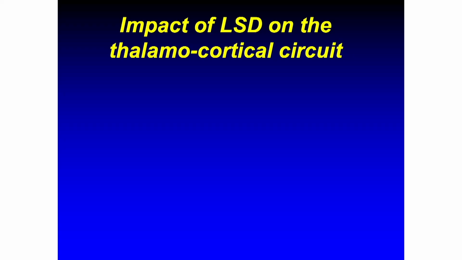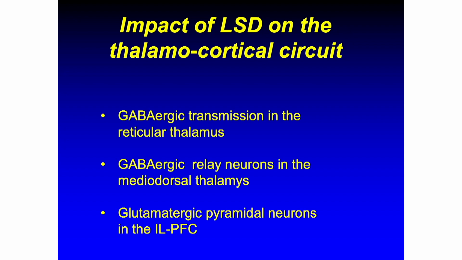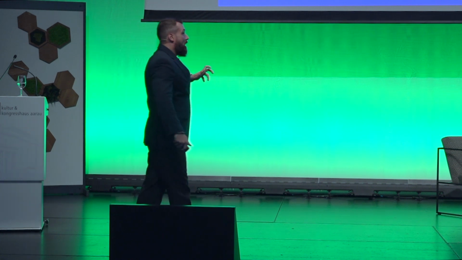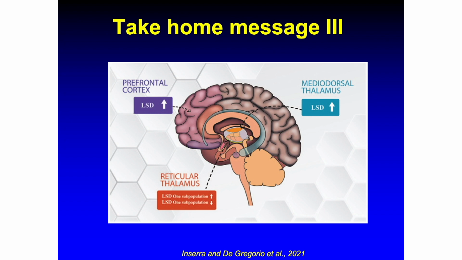And I don't want to go too much into the details, but we published a paper a few years ago in which we wanted to investigate how those higher doses of LSD are selectively able to impact all those brain regions and particularly all those neurotransmissions. To make this talk less boring, I just put up these slides to summarize our findings.